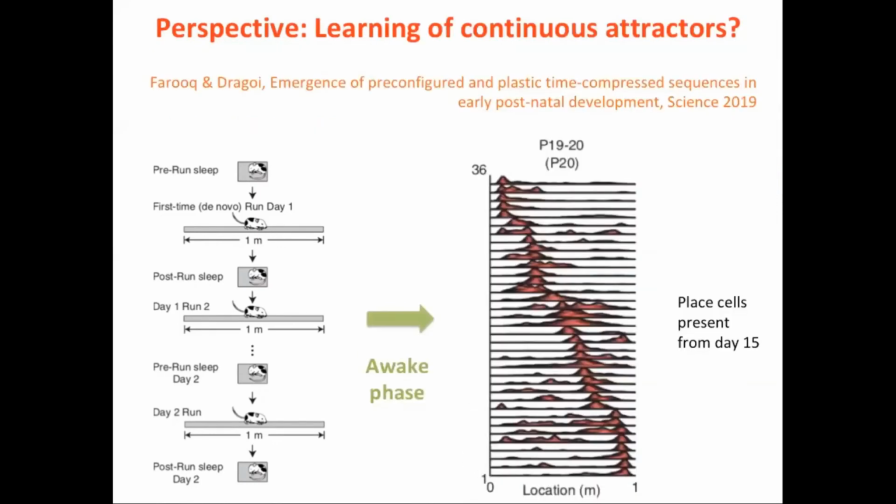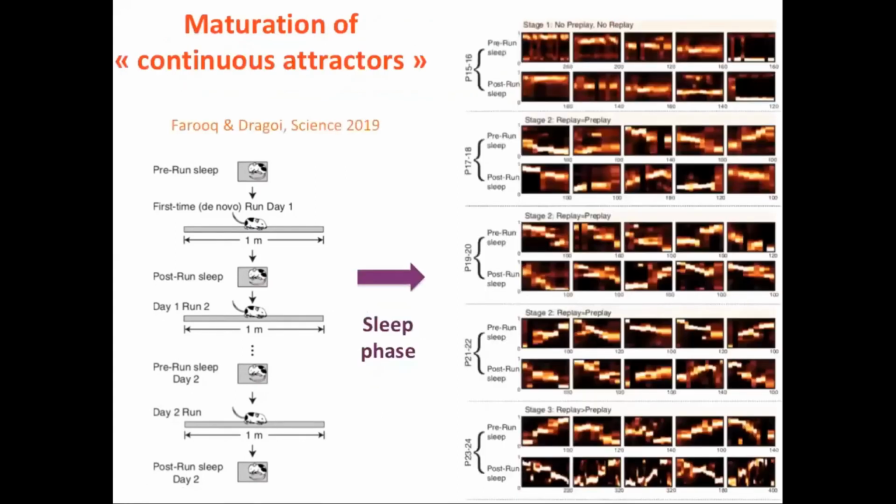How do you do that? Each cell, when it's active, corresponds to one position during the awake period. So if you see the same cell active during the sleep period, you can associate a position with it. And you can plot the sequence of positions as a function of time, as the sequence of sleep activity played in the hippocampus of a newborn animal.